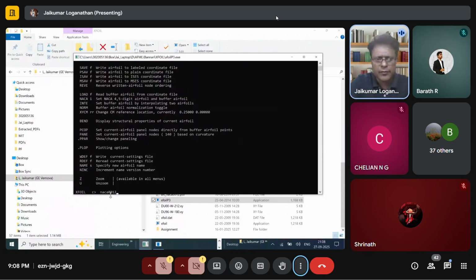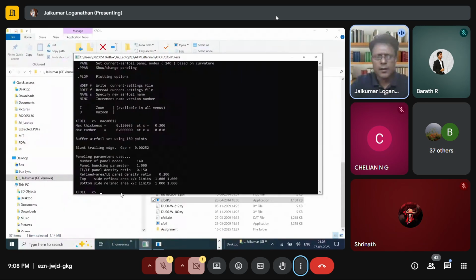So it's a symmetric airfoil, 0 camber, and 12% thickness. It has created the airfoil, but you're not seeing it. This airfoil has 140 panel nodes, displayed here.